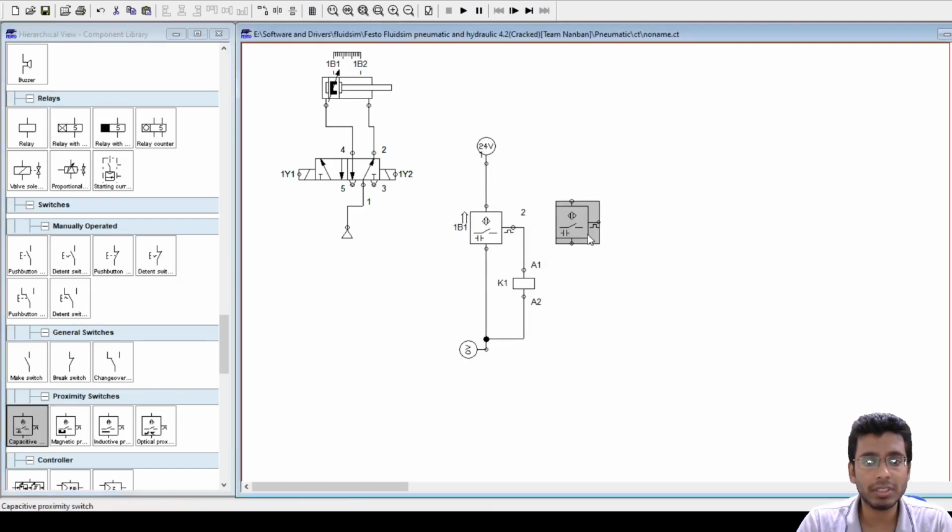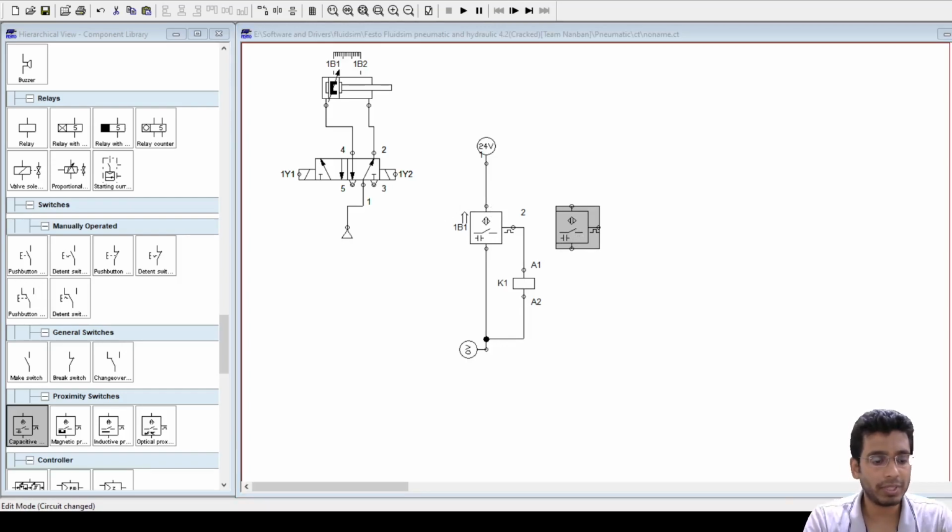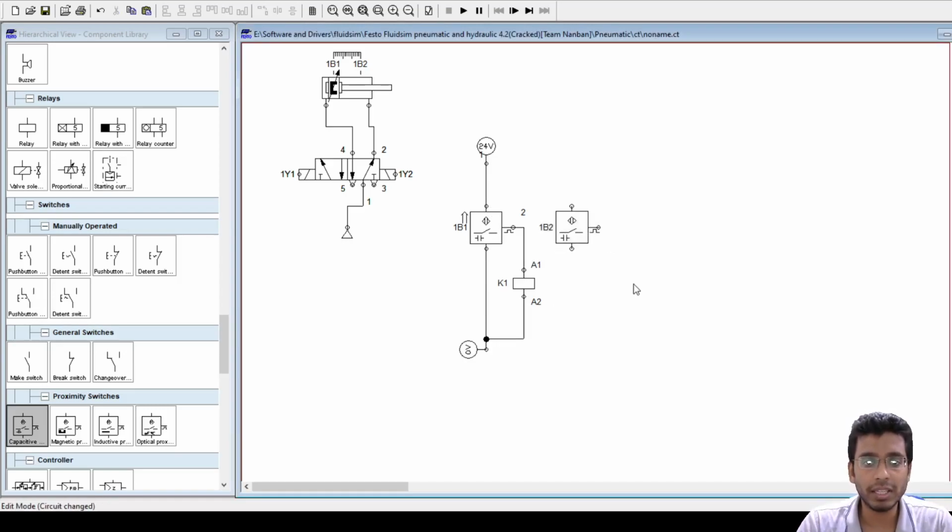And then you will be having your second sensor here. This is also another one, and it will be named 1B2, to detect the completely extended position of this cylinder. And then again you will be giving one supply line to this, and one ground.